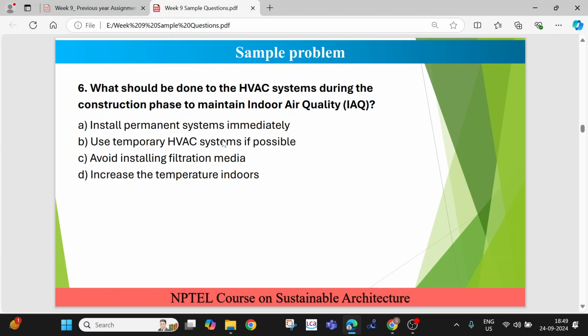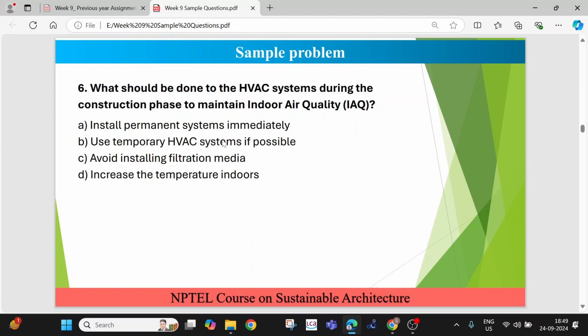What should be done to the HVAC system during the construction phase to maintain indoor air quality? Yeah, when your building is not 100% ready, it is in the construction phase. So maybe you are constructing the beams or columns or walls.